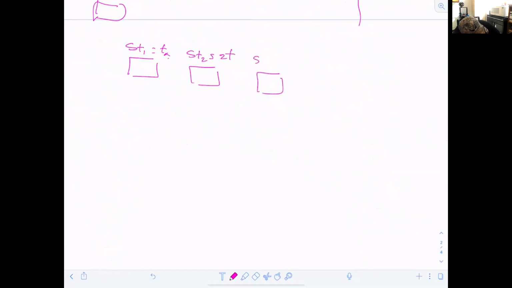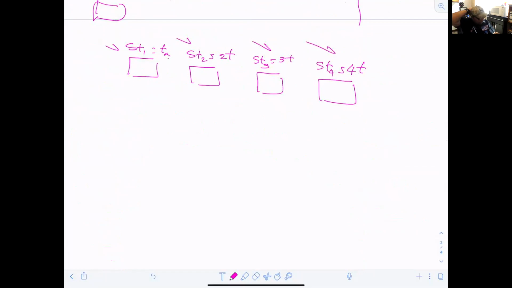Sure, maybe I can clean it up in a better place. So here, ST1 is running in T, ST2 is running in 2T, ST3 is running in 3T, and ST4 is running in 4T. Now, I don't want something to happen that is called a hazard.